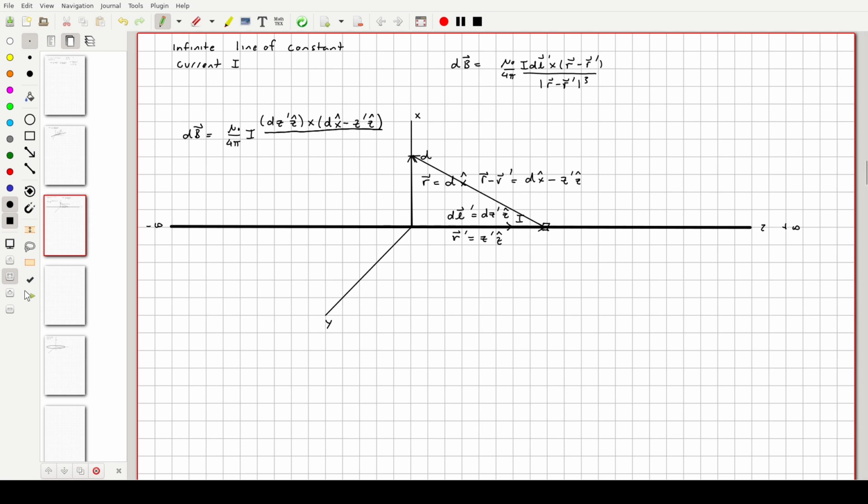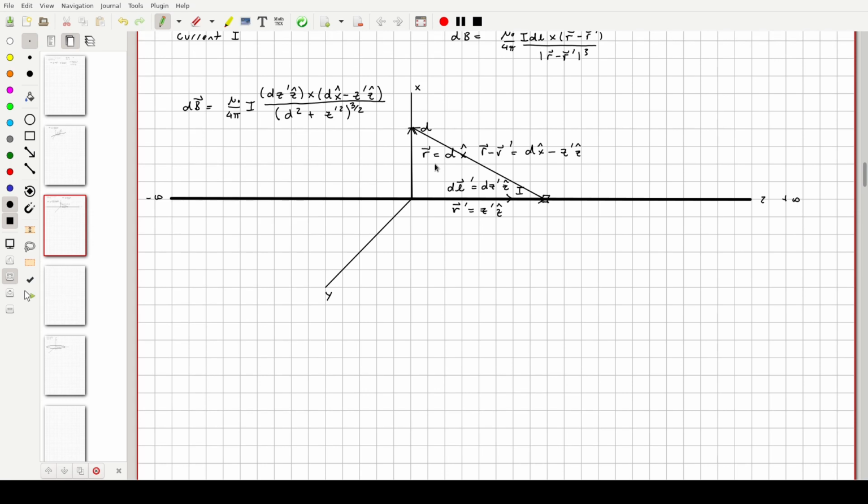In the denominator, we have the length of R minus R prime cubed. The length is the square root of the sum of the sides squared. The square root is the 1/2 power, and you cube that. So that's what you have in the denominator.